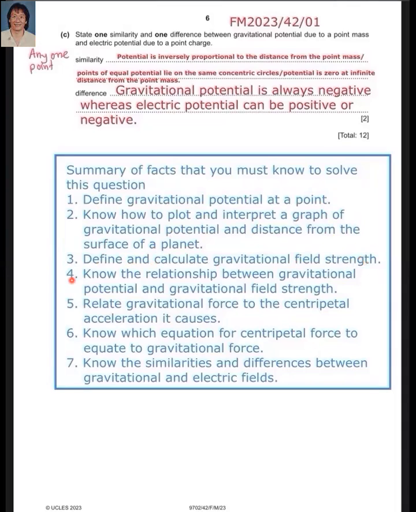Number 4, know the relationship between gravitational potential and gravitational field strength. Number 5, relate gravitational force to the gravitational acceleration it causes. Number 6, know which equation for centripetal force to equate to gravitational force. Number 7, know the similarities and differences between gravitational and electric fields.